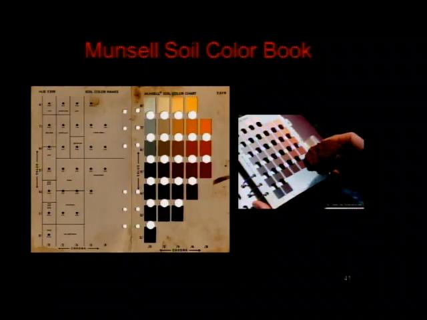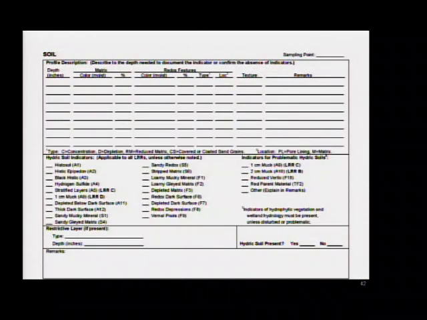An accompanying pocket guide to hydric soil field indicators is used together with the Munsell color book as a key to interpret whether the soil features found in the field constitute a hydric soil. As with the wetland vegetation parameter, whether or not the criteria for a hydric soil are met is determined on the wetland data form.